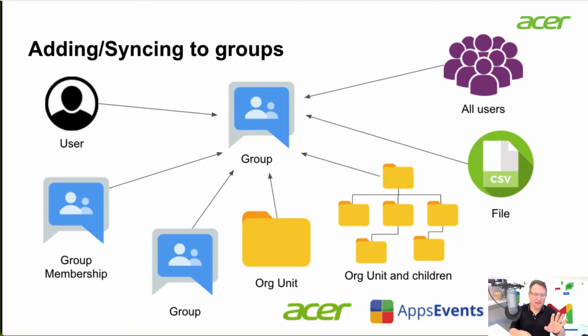If you added users from the year of students, all the users in the classes would also be synced or added to your group. You can add from a file. If you've got a file containing email addresses, you can add from that file as well. And you can also just say all users in the domain, so all users are automatically added to the group. So those are your options around adding or syncing.